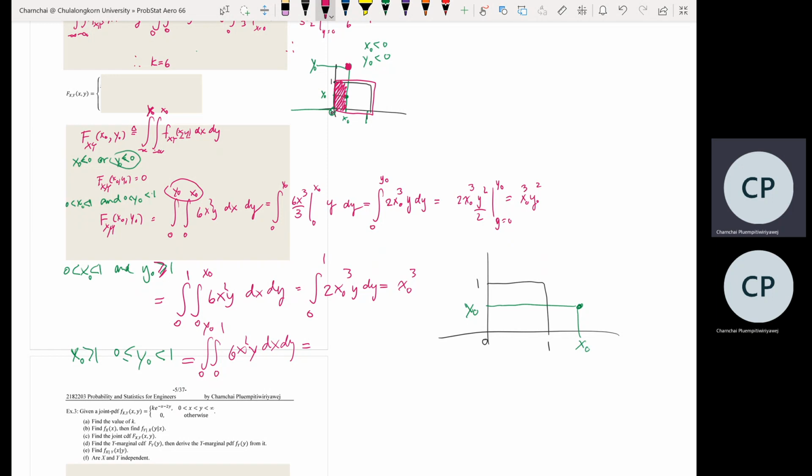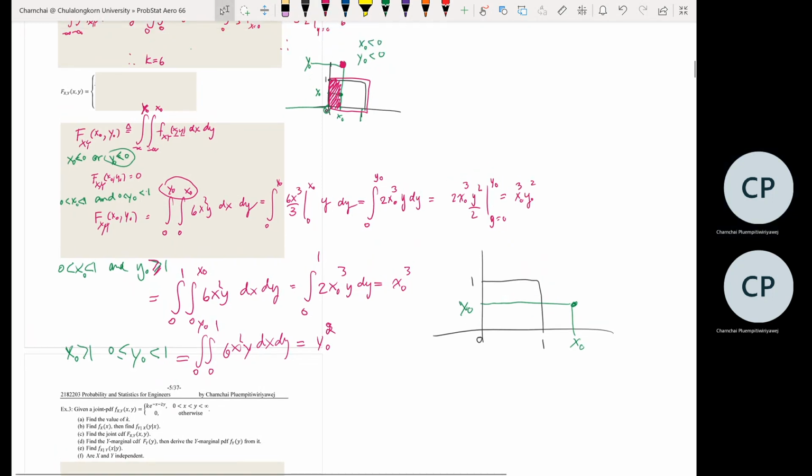And what's the answer for this? Y naught squared. Okay.